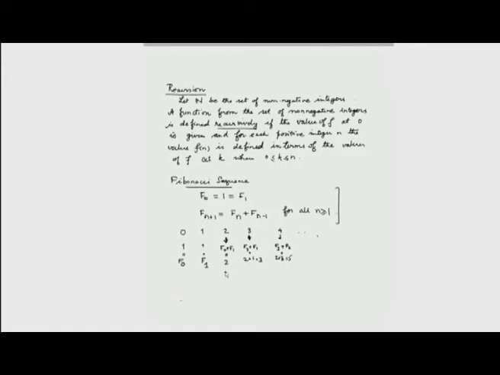Now, it is known that the nth Fibonacci number, that is f n, is given by one over root of 5, then (1 plus square root of 5 over 2) whole raised to the power n plus 1, minus (1 minus square root of 5 over 2) whole raised to the power n plus 1, for all n greater than or equal to 0.